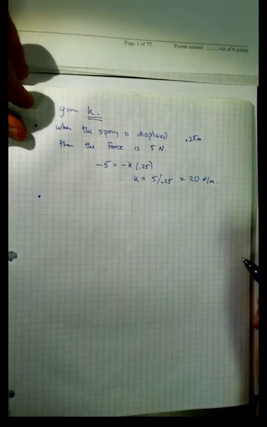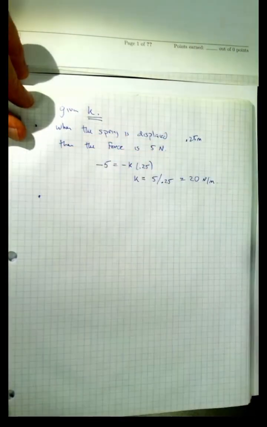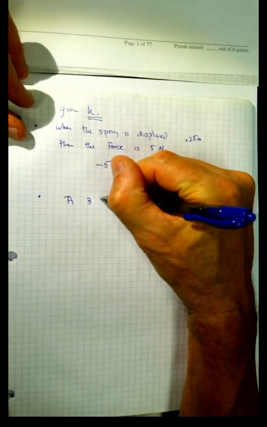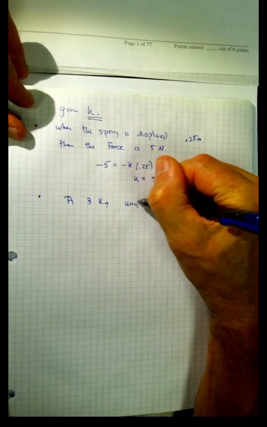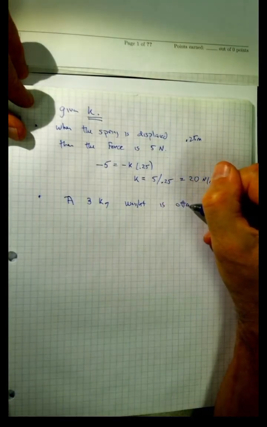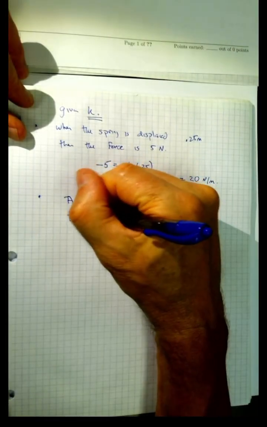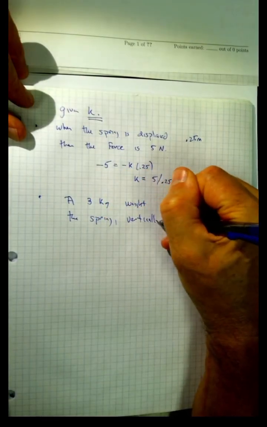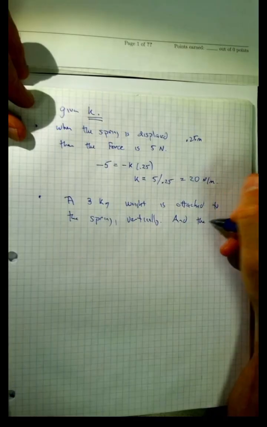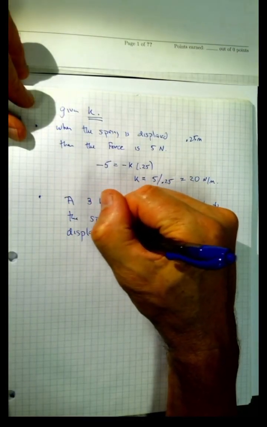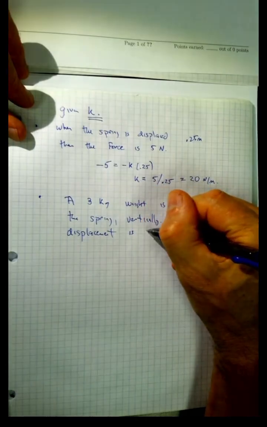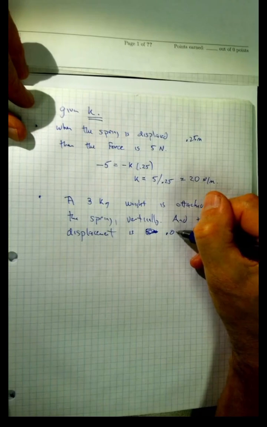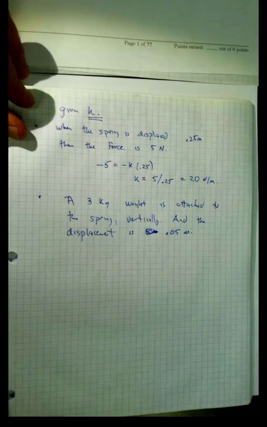Another way this information could be given to you is that we could say a 3 kilogram weight is attached to the spring vertically, and this displacement is, let's go with, 0.05 meters.